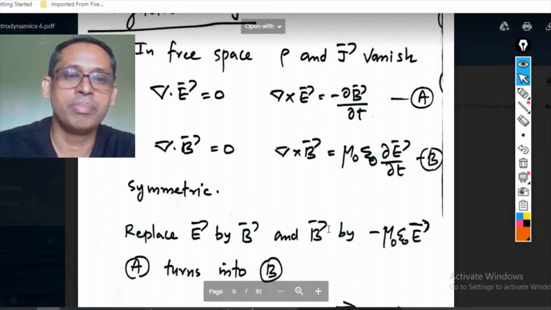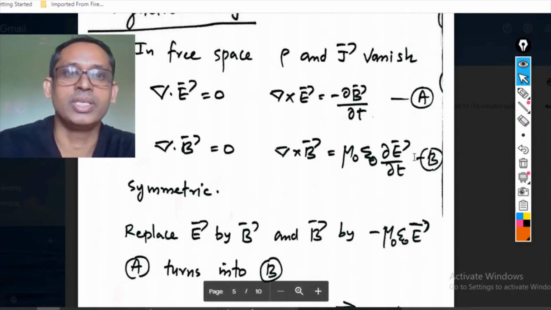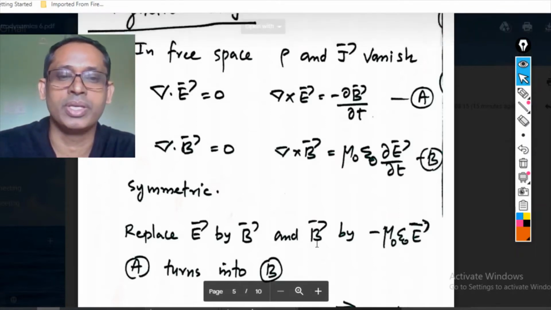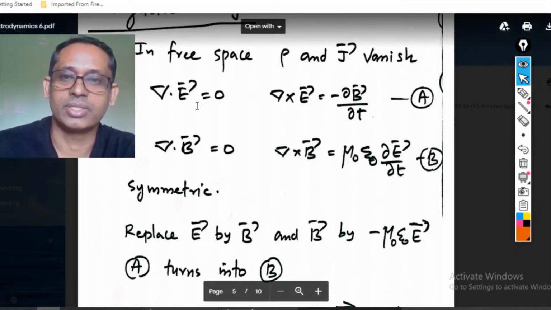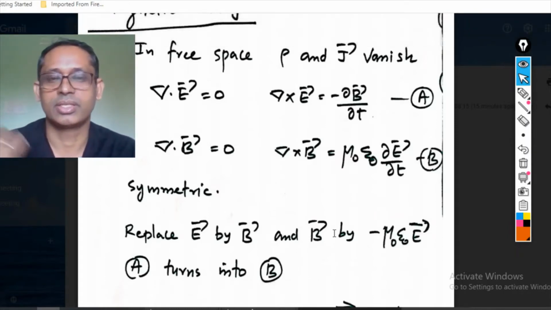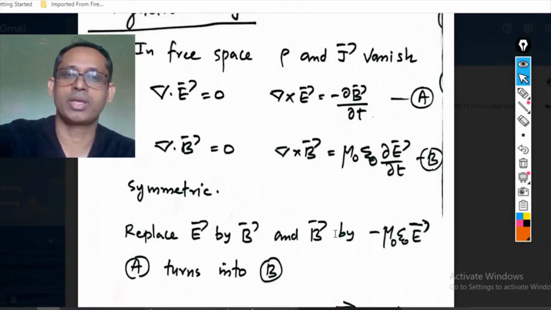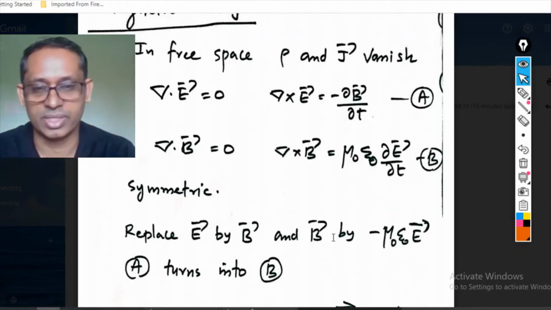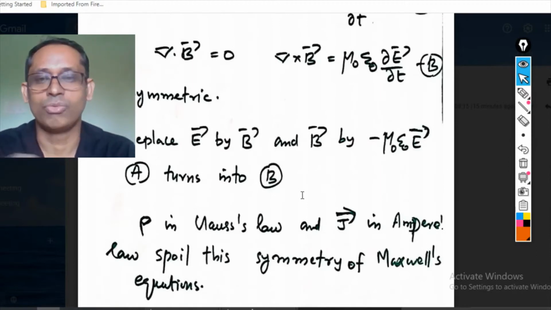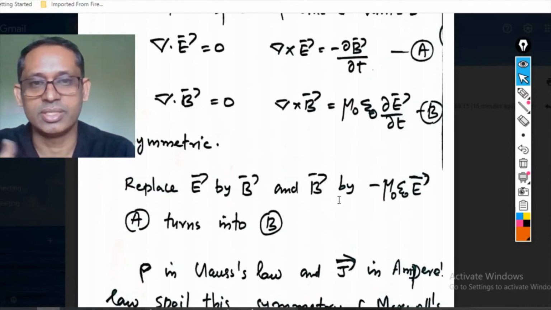Here we replace B by this, so we replace E by what? Minus 1 by mu 0 epsilon 0 B. You will get back this equation. So we can transform from one equation set to the other equation set. So this is somewhat symmetric.